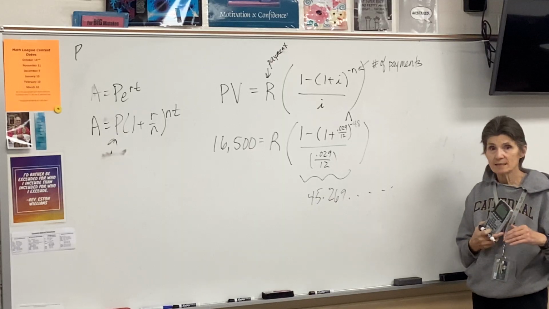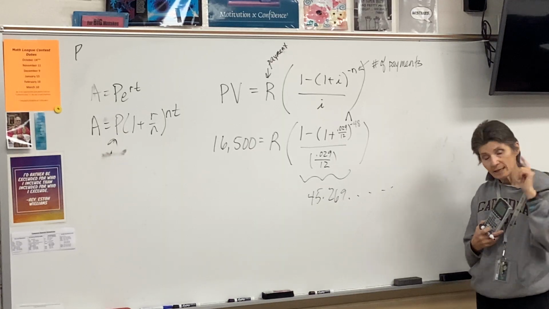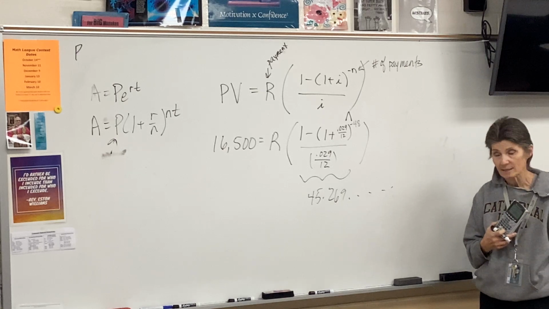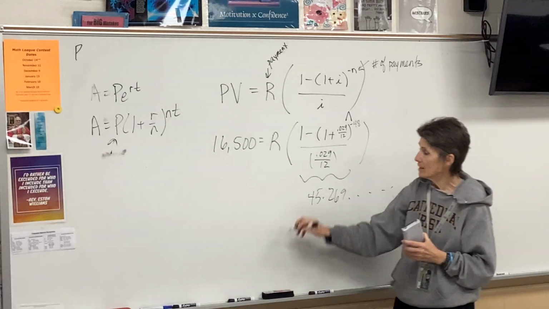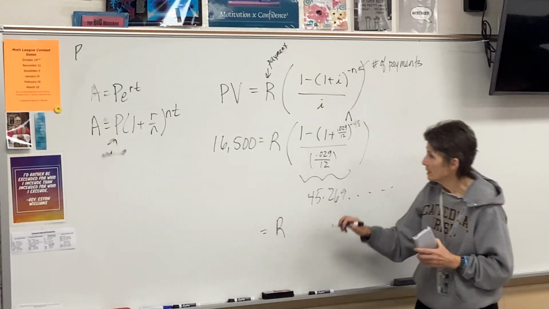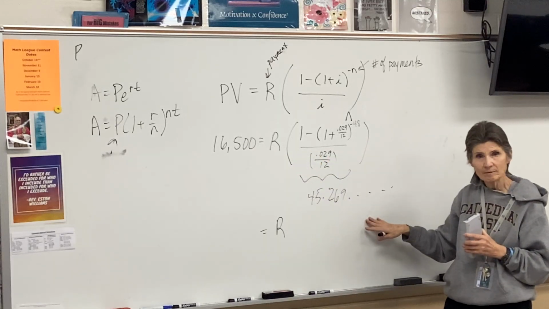If you still missed it, stop this video, rewind, type exactly the buttons I told you to press, and you'll get that number. Okay? Now, I am trying to figure out what R is. So don't I need to take 16,500 and divide it by that?